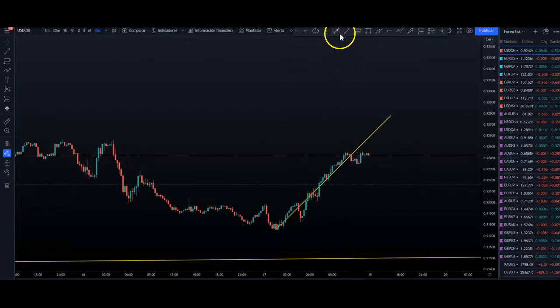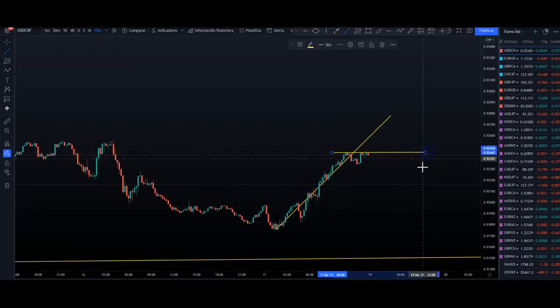If this high breaks to the top, let's say this breaks to the top, now we're going to have new highs. Let me draw it so you can picture what I'm saying.